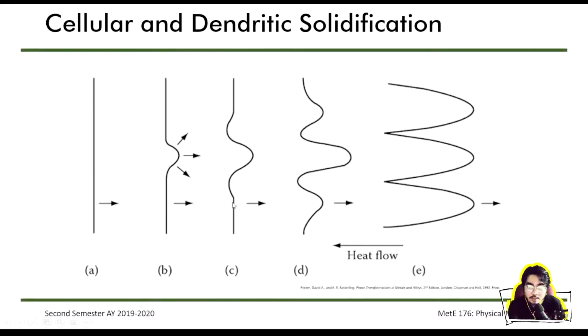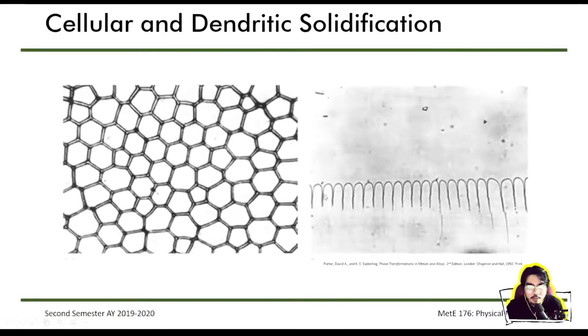Eventually, more protrusions are produced, and those additional protrusions have a stable growth, and we call this cellular growth. It is known as cellular growth because if you look at it from the side, it looks like this. So this is a microstructure of that growth.